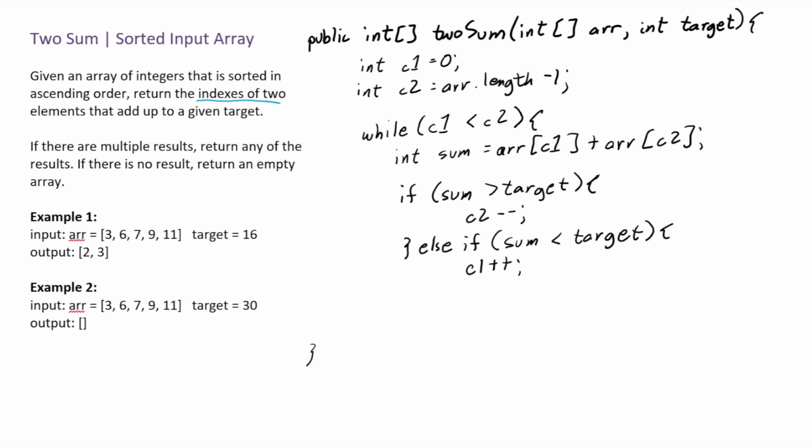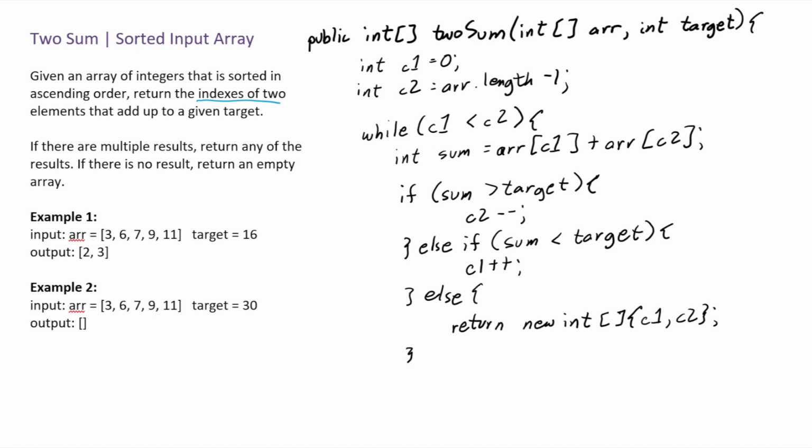And finally, else, then we already found a pair, so return new int, and the values will be the positions of C1 and C2.